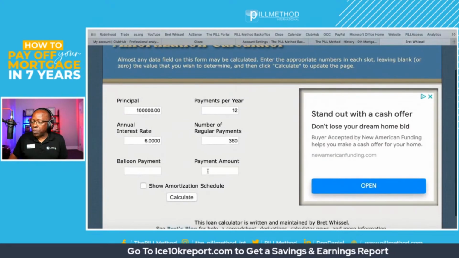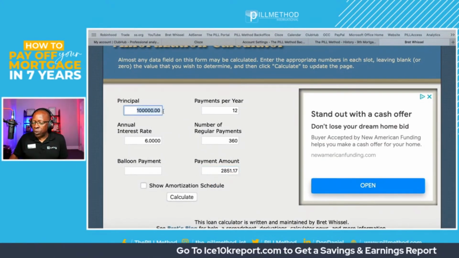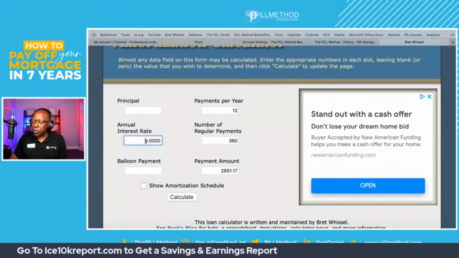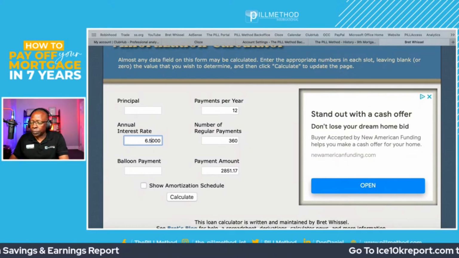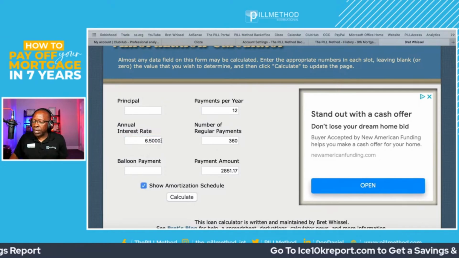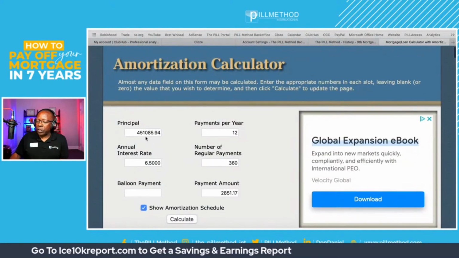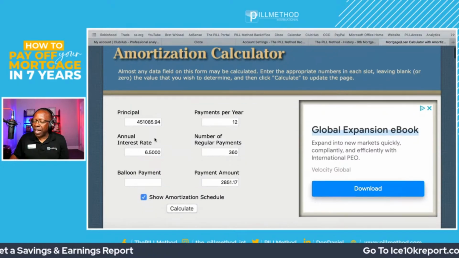So we're going to put in the payment amount. We're going to take out the principal payment, and we're going to put in 6.5% interest for 30 years. Then we're going to calculate that, and we'll see the amount of principal that we owe. $451,085.